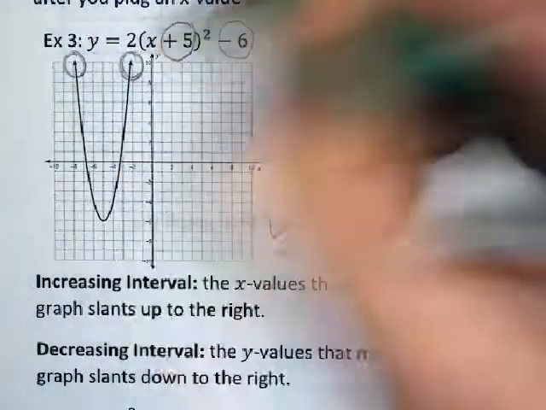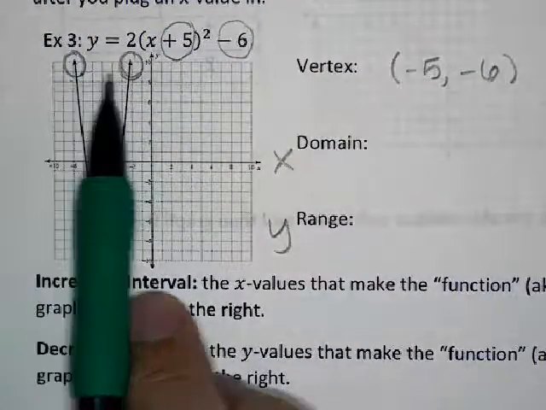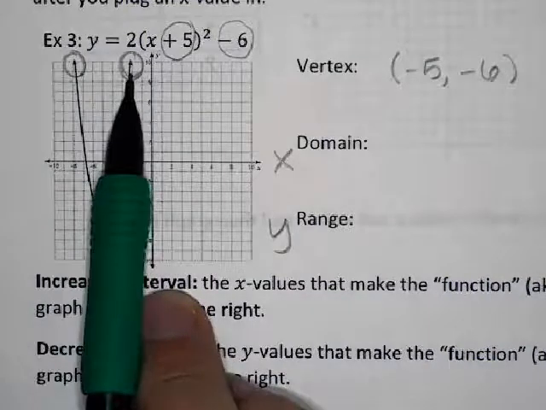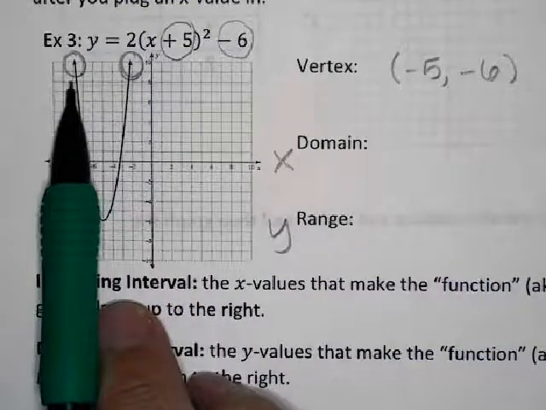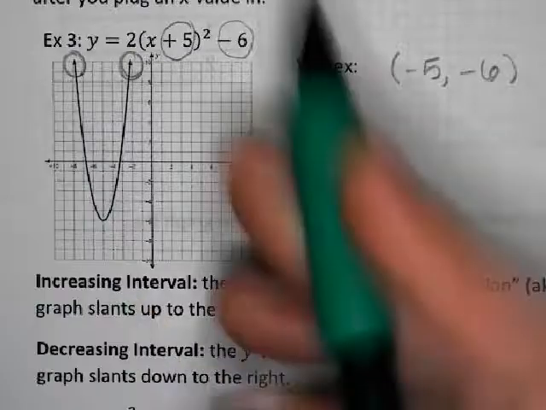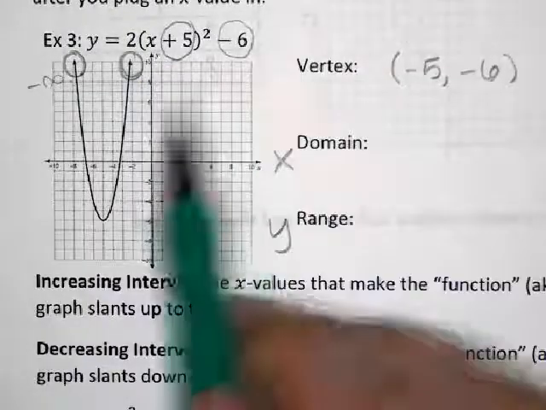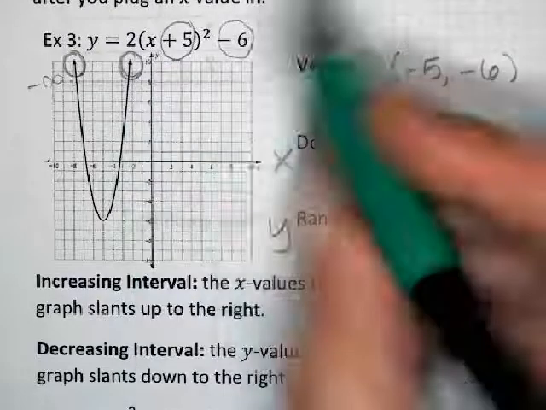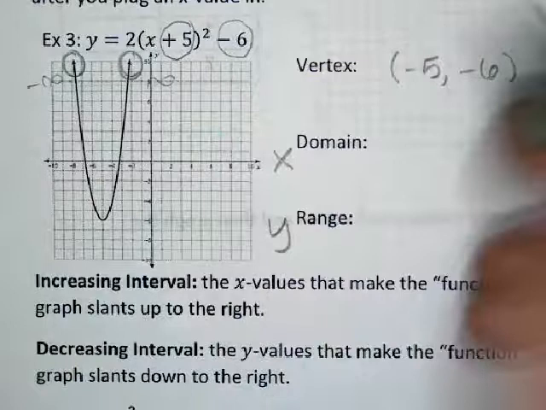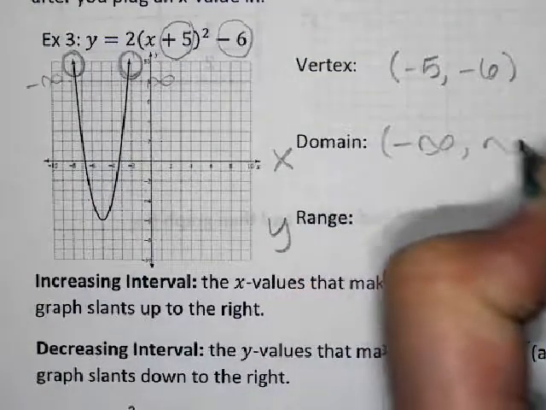So I'm going to look at the very left side of the graph. I'm going to look at the very right side of the graph. And what do I see? What number is on the very left side of the graph? Negative infinity is on the very left side. And what number do I see on the very right side of the graph? Positive infinity. And so my domain is from negative infinity all the way to positive infinity.